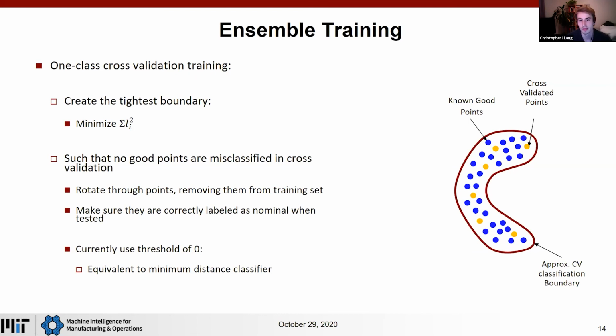Practically, this means minimizing the sum of the length scales, so choose the tightest boundary possible such that when you do cross-validation, none of these good points are misclassified. Essentially, we just rotate through all of the known good points, pull them out of the training set, train on the other ones, and then make sure that the new points are still correctly classified.